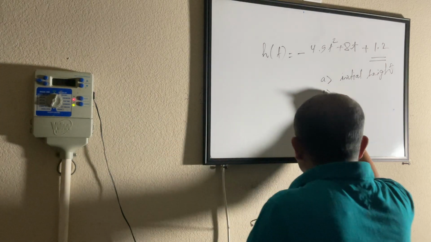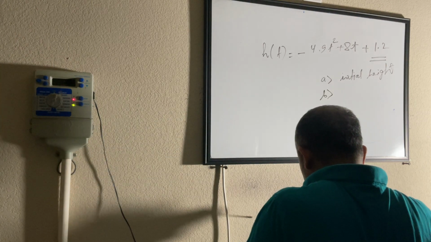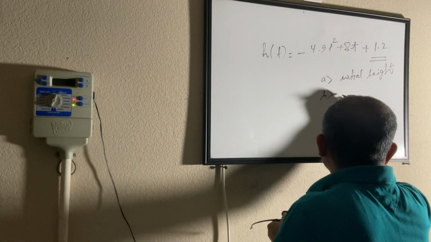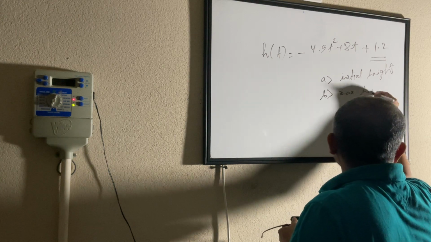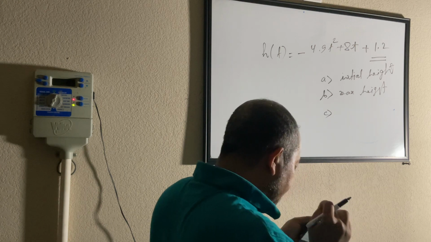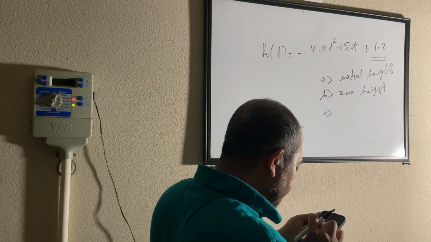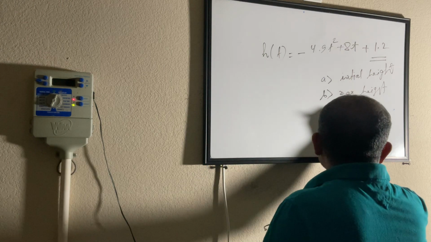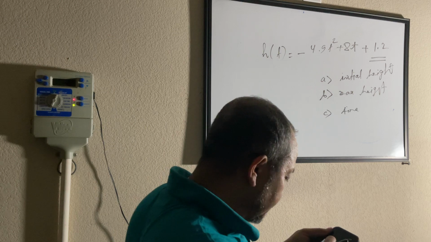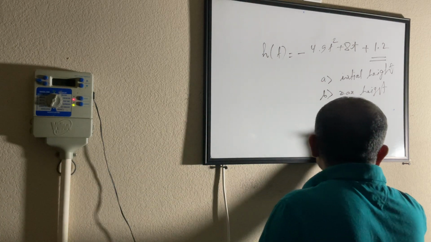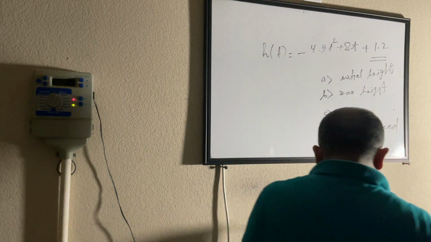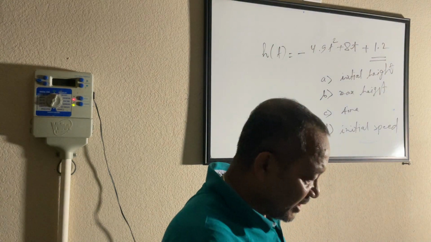Option B is the maximum height in meters of the basketball. Option C is the amount of time in seconds the basketball remains airborne. And the fourth option is the initial speed in meters per second of the basketball.